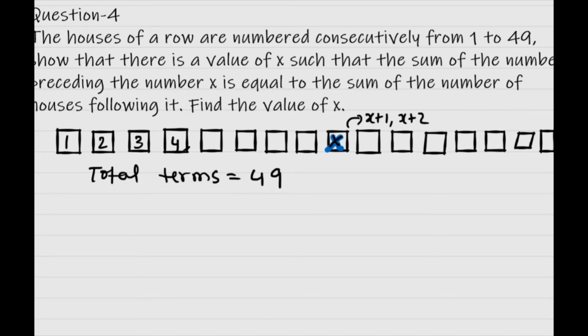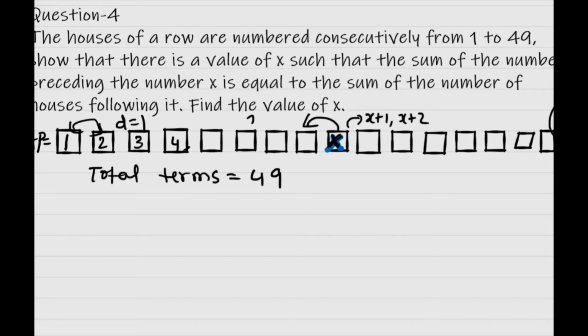This is making an AP, where the first term is 1 and the last term is 49, and the common difference d is equal to 1. Total terms are 49. Now how many terms are there before x?